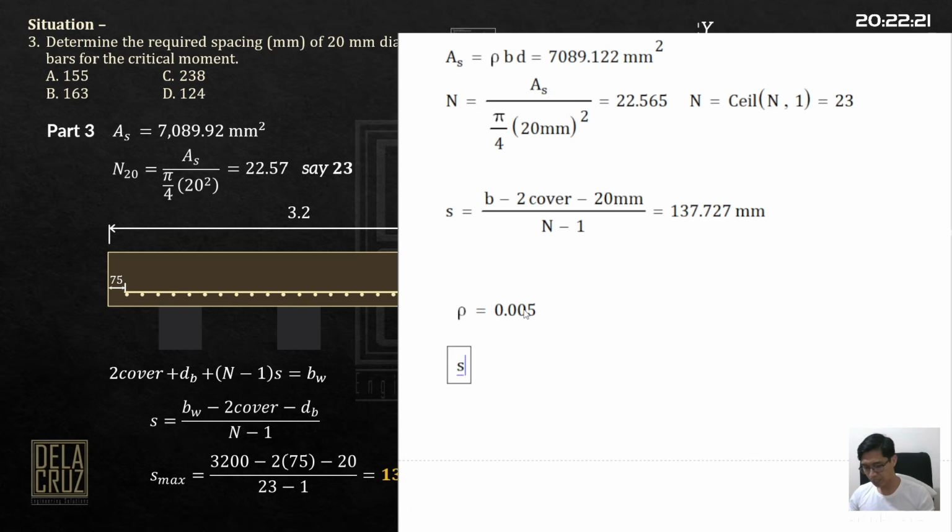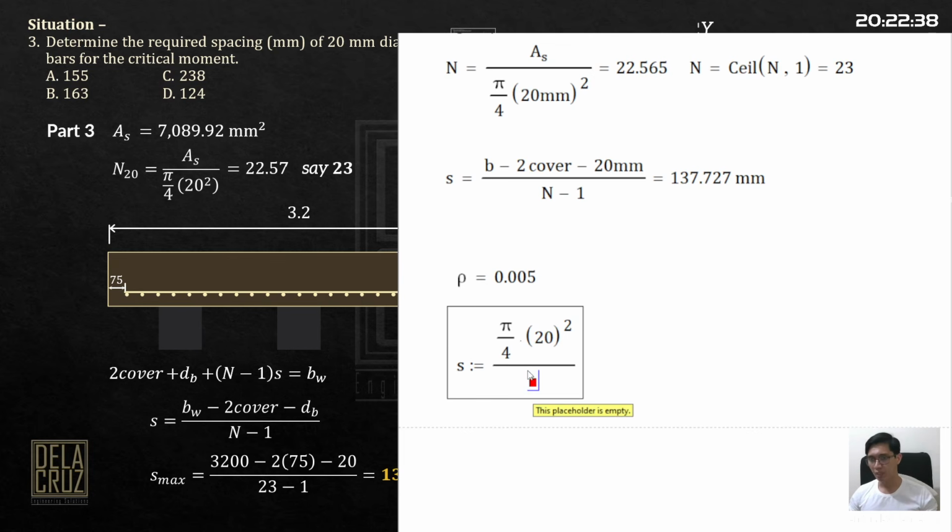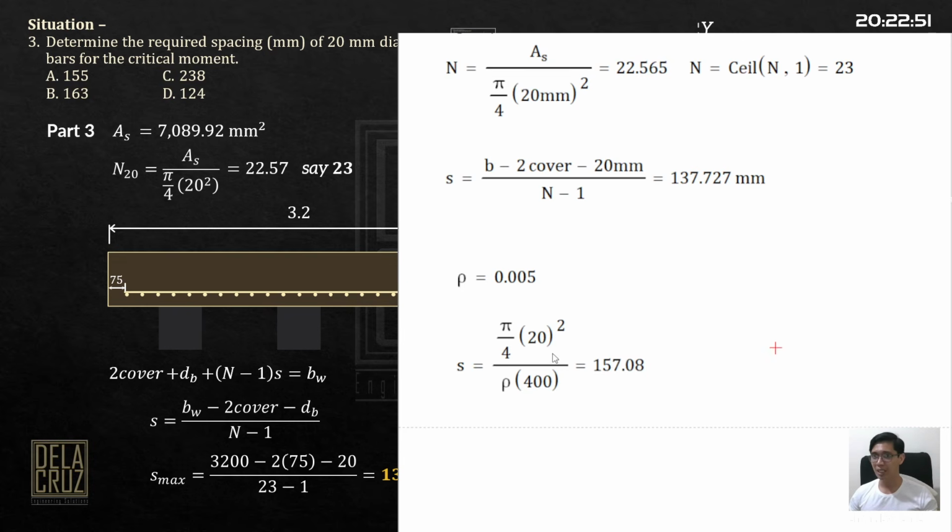So, yung spacing, yung ginamit niya dito, is area of the bar, pi over 4 times 20 squared, times rho D. Yung rho, which is ito, then effective depth is 400. So still, almost 155. So ito yung assumption niya ng mali na examiner.